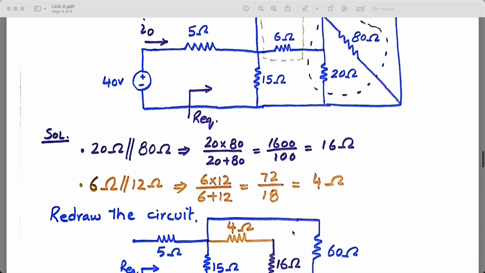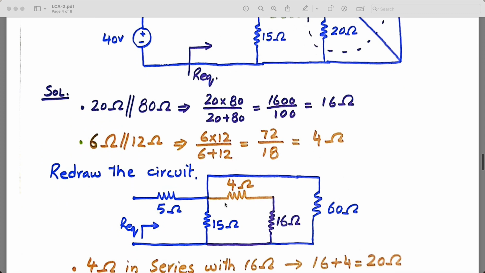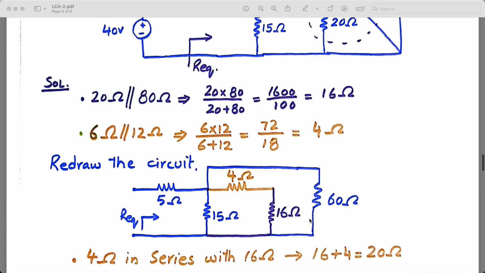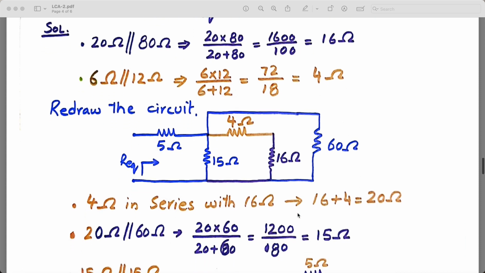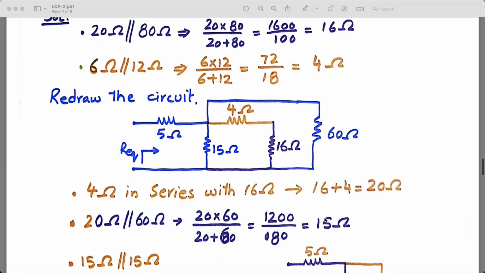Then you can redraw the circuit in this pattern like 4 ohm, 16 ohm and 60 ohm. You can see that the 4 ohm is in series with the 16 ohm, and the answer is 20 ohm. Now that 20 ohm is in parallel with the 60 ohm, the answer is 15 ohm.